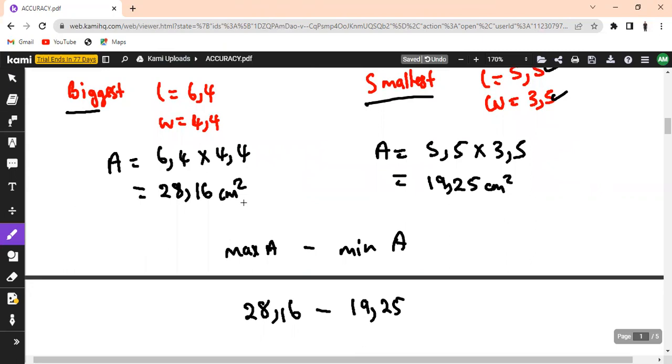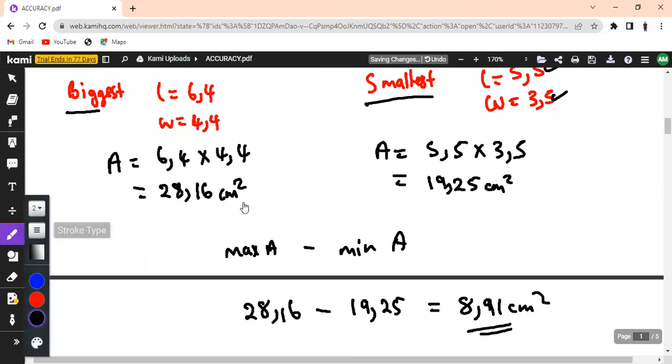If we subtract 28.16 minus 19.25, it's going to give us something like 8.91. So this is 8.91 square centimeters. So that's it, just like that. You're done. This is what you're supposed to know and understand.